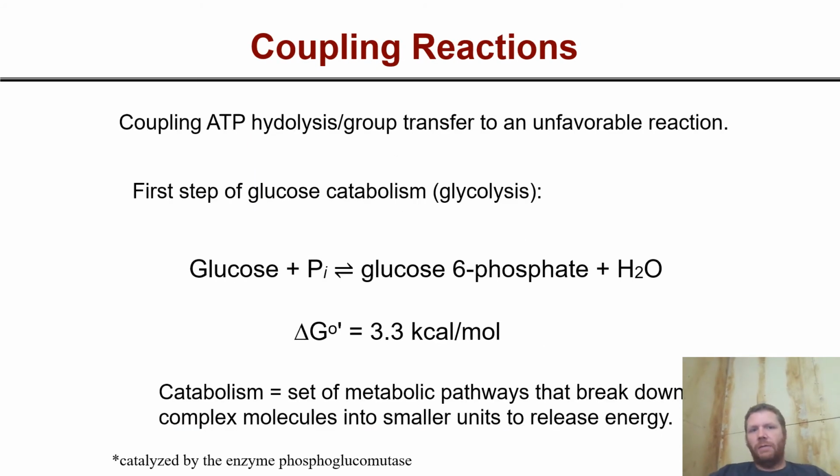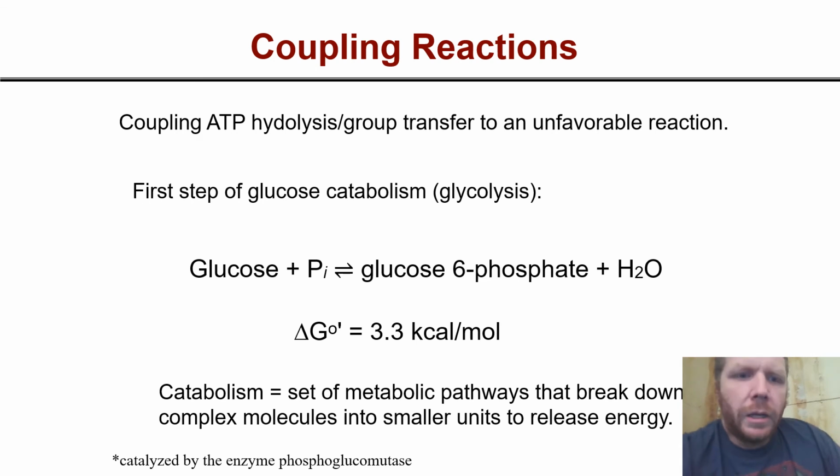Well, coupling of reactions is how. So what cells do is they couple, or specifically in this case, we couple ATP hydrolysis and group transfer to an unfavorable reaction. To illustrate this, if you go on to take metabolism, you will see this over and over again.